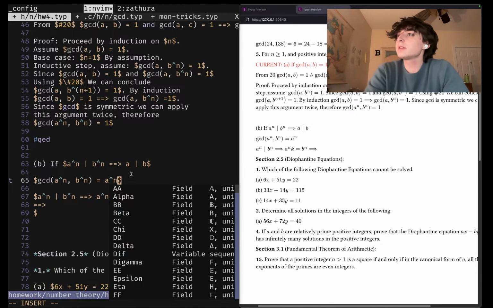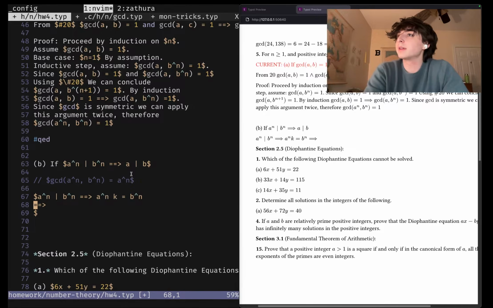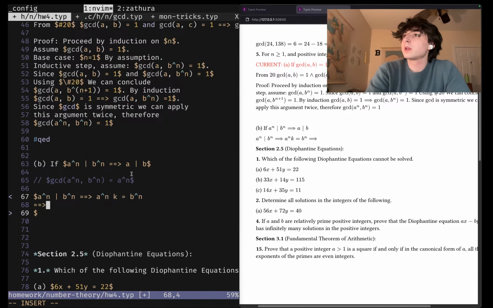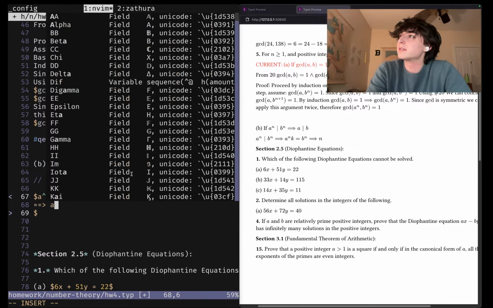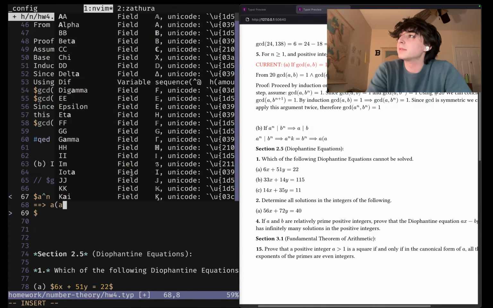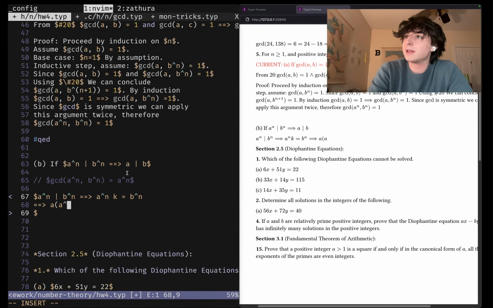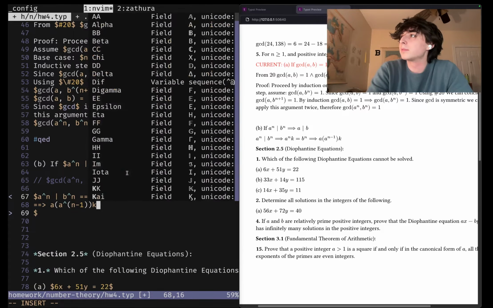I'm also just thinking, isn't there some way to factor this out so that we just get a definition of A divides B? This seems really obvious, but couldn't you just say this is the same thing as A times A to the N minus 1 times K?